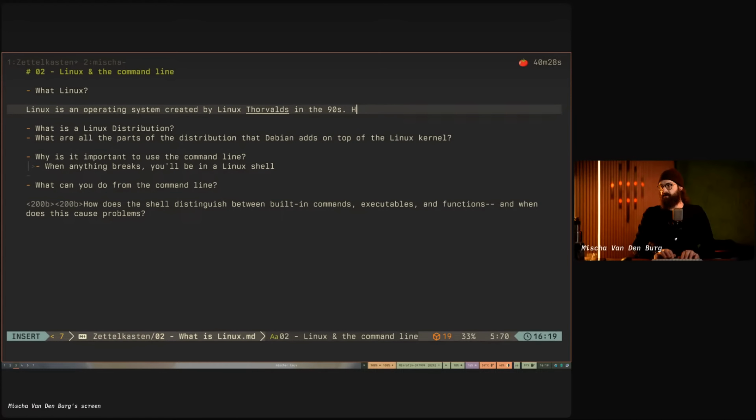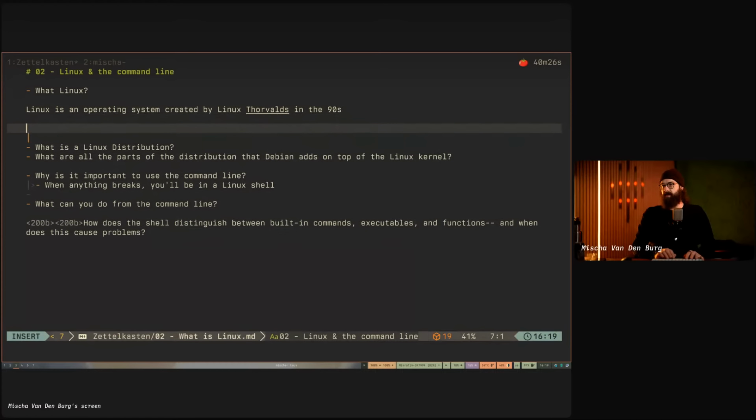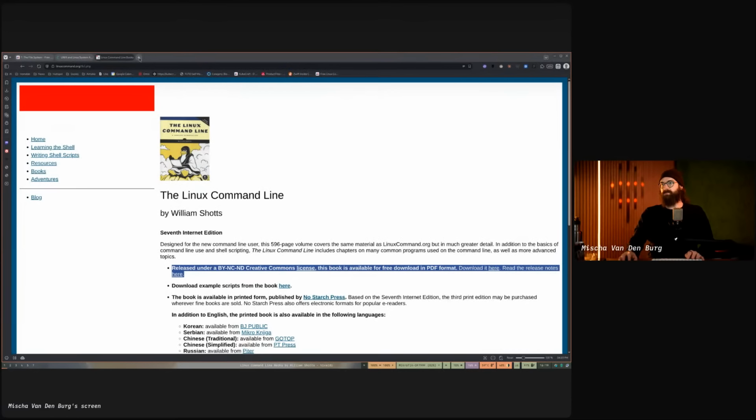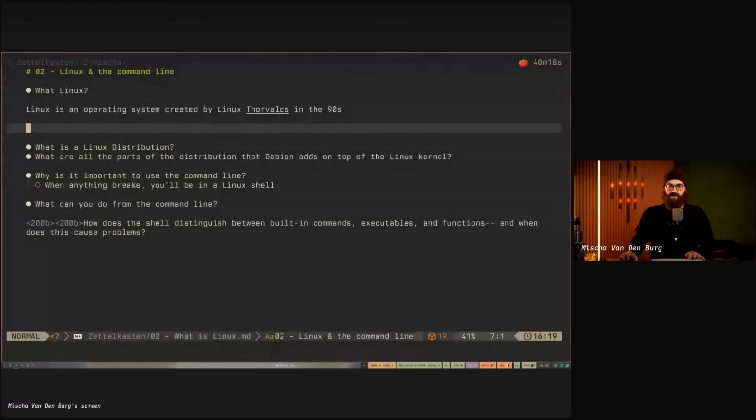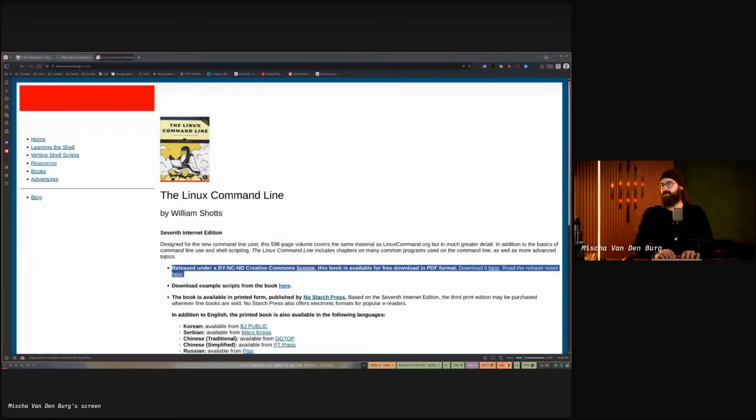We talked about this last week, but that is what Linux is, okay? It's an operating system. So an operating system is the software that a computer needs to run. That's basically the simplest way to do it.